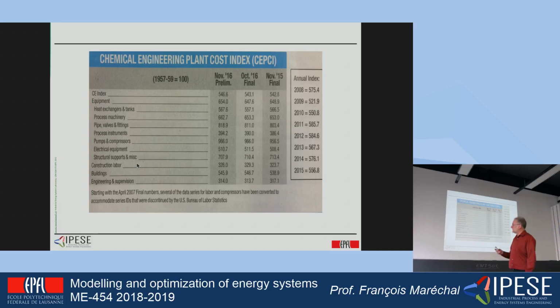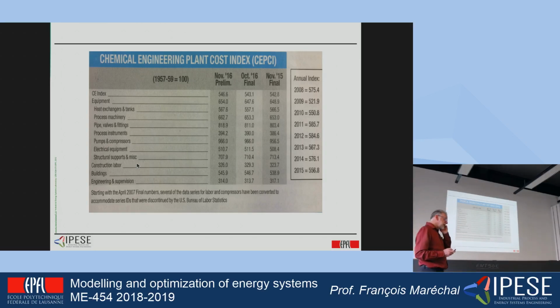This is made by people who are observing the market. So use this information, and you can always go to journals like the Chemical Engineering Journal to get this cost index.